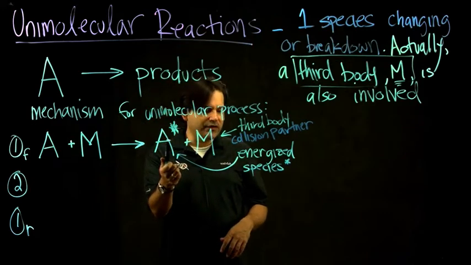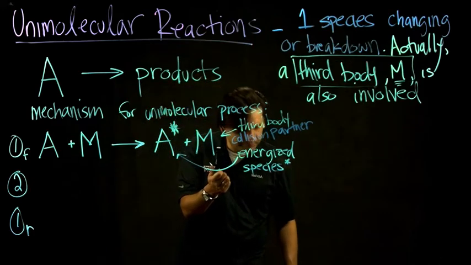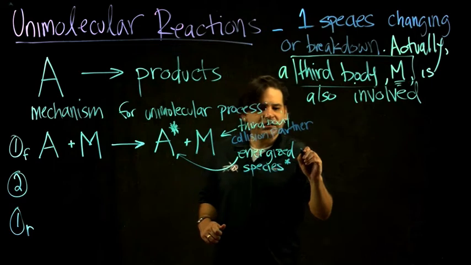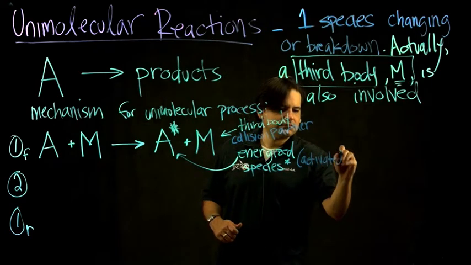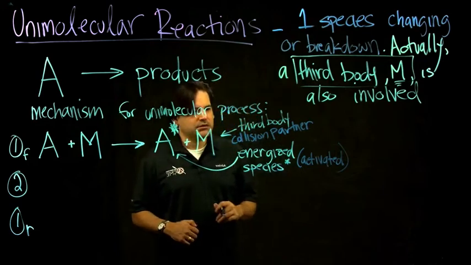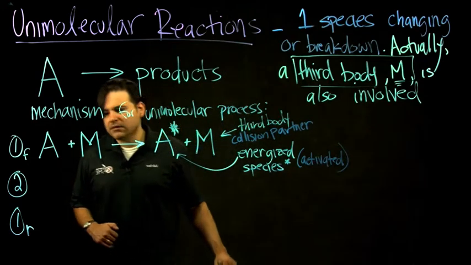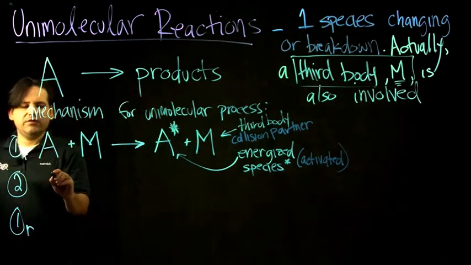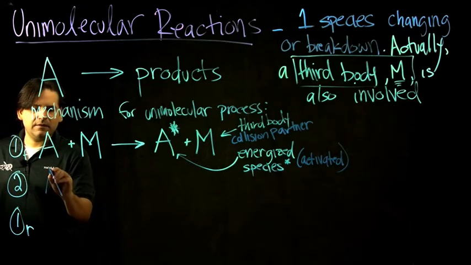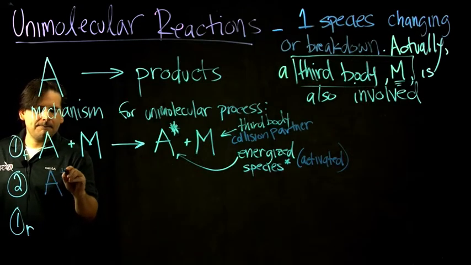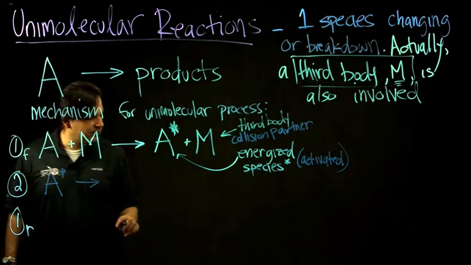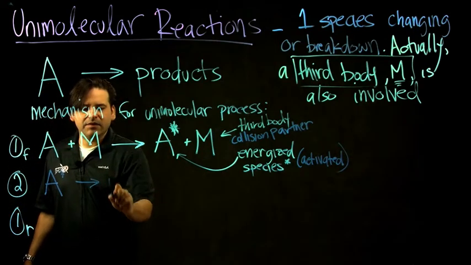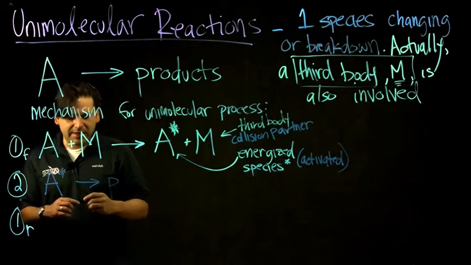It became different, similar but different. So this is all another way of saying that this became activated. It's now woke. Okay. Then once you have this activated species, it can form this new product. So that's the product that you see here. It happened after it became activated.